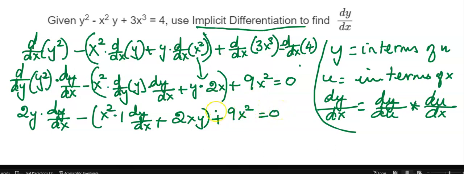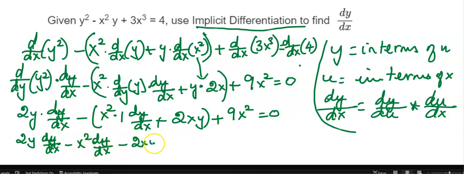So in this implicit differentiation, we are gathering these terms having dy dx together. So before that, 2y dy dx, remove the parentheses, so distribute, minus 2xy plus 9x squared is equal to 0. So there are two terms with respect to y.